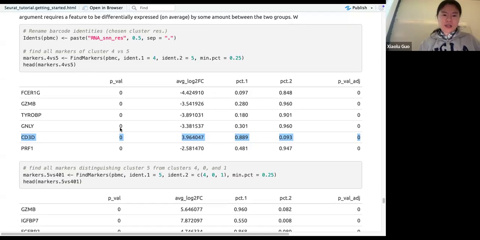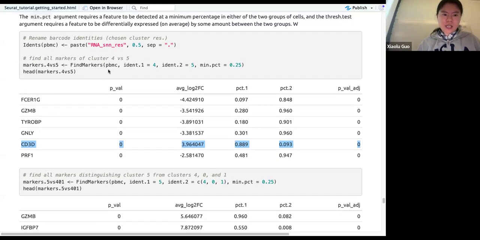Yeah, this is the exact p-value, and because this data set is well designed for this tutorial, that's why this is so perfect. In other data sets, this won't be 0 in most cases, unless it's a perfect marker. For a lot of markers, you will see this value is not 0.